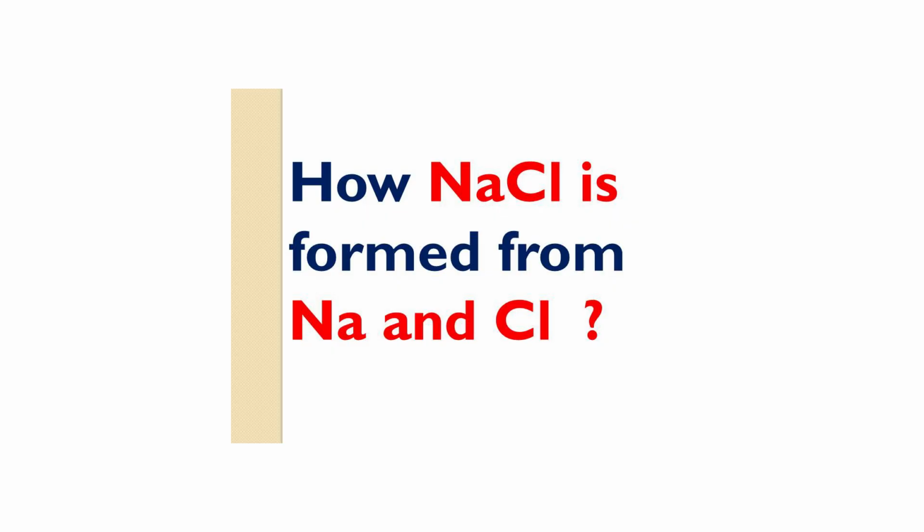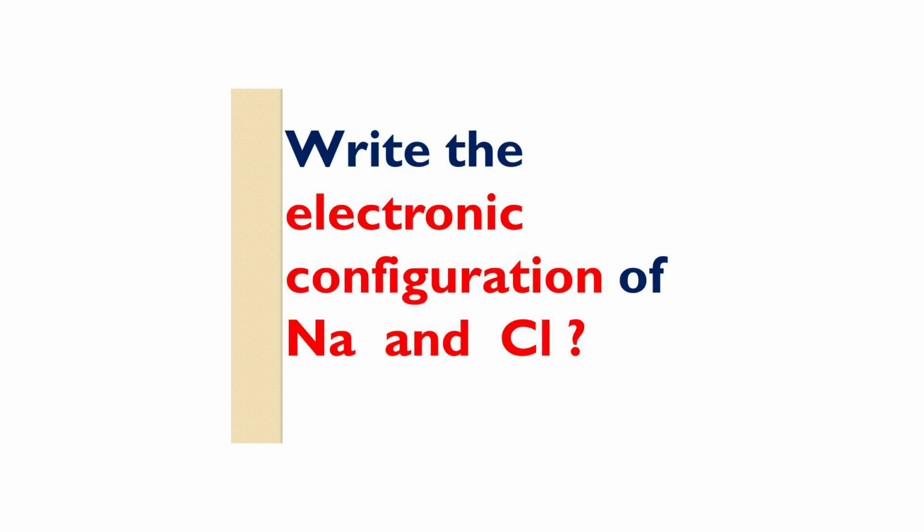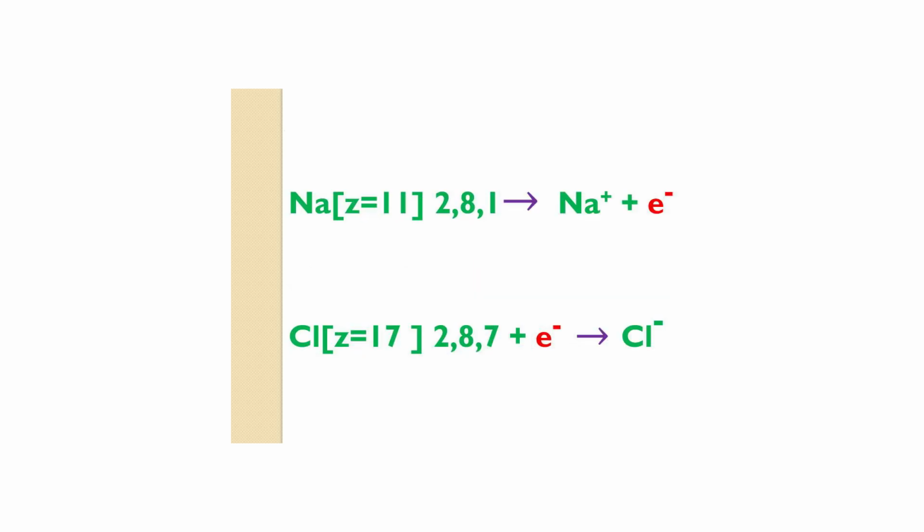Students, how is NaCl formed from Na and Cl? Write the electronic configuration of sodium Na and chlorine Cl. Sodium, atomic number 11, electronic configuration 2, 8, 1.